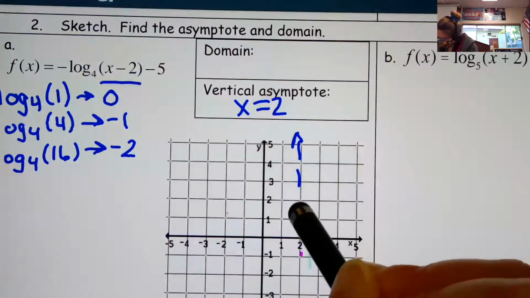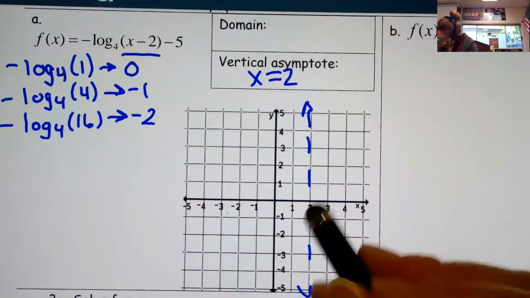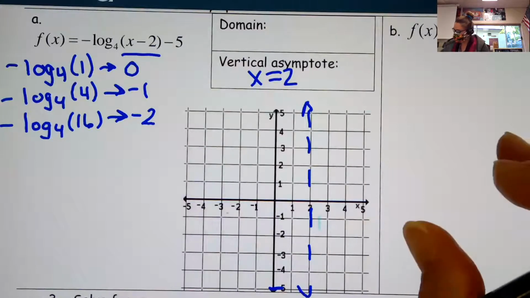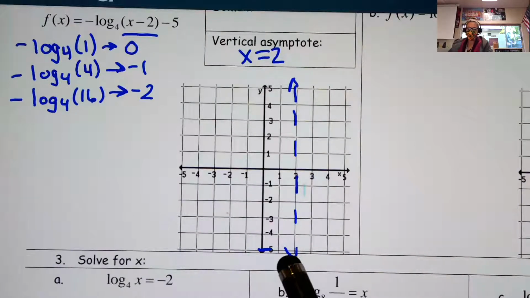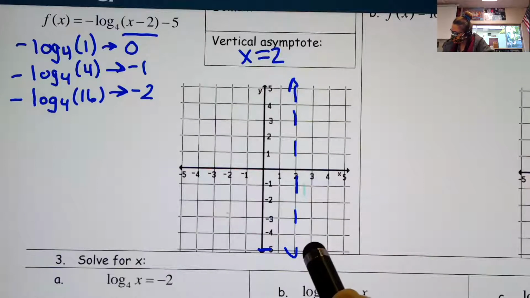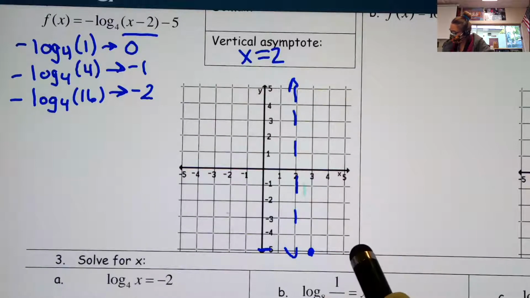And again, that's x equal 2. Then this minus 5 means I'm going to be coming down here at the height of 5, which is kind of off the bottom of my graph. And where my asymptote crosses that, that's where I'm going to be going out 1 and 4 and 16. So when I go out 1, log base 4 of 1 is 0, times the negative is still 0. When I go out 1, 2, 3, 4, log base 4 of 4 is 1, times the negative is a negative 1.